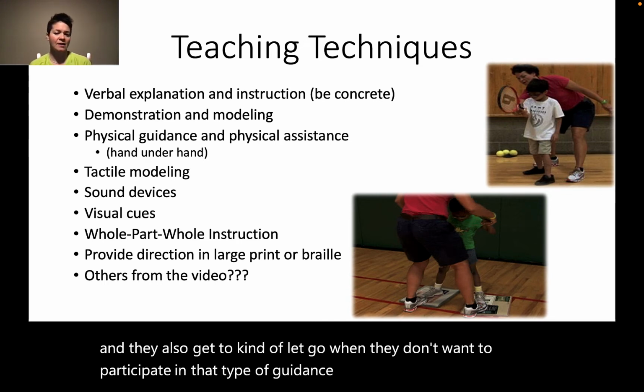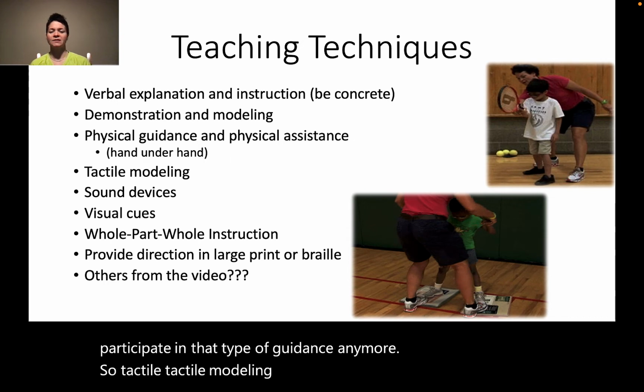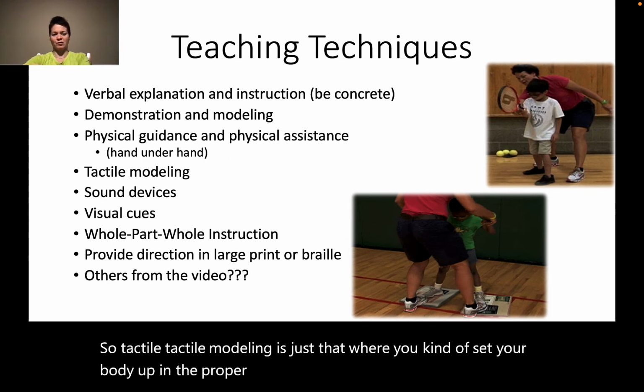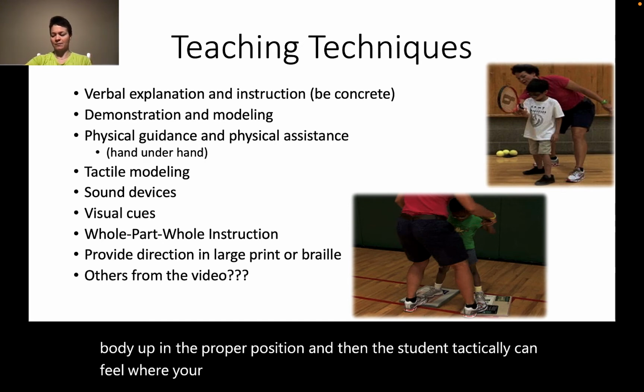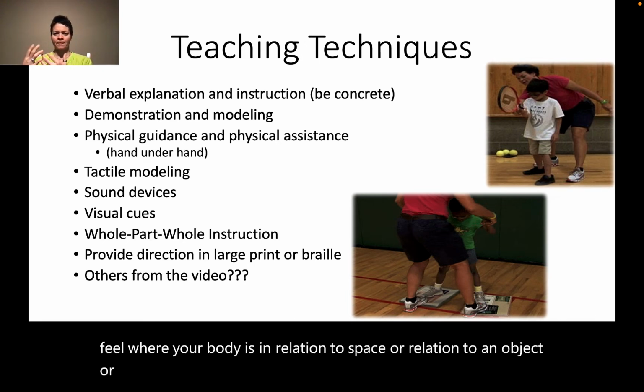So tactile modeling is just that, where you set your body up in the proper position, and then the student tactilely can feel where your body is in relation to space, or in relation to an object or a piece of equipment, and then how it moves.